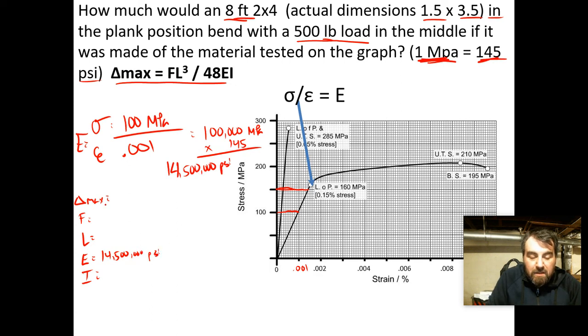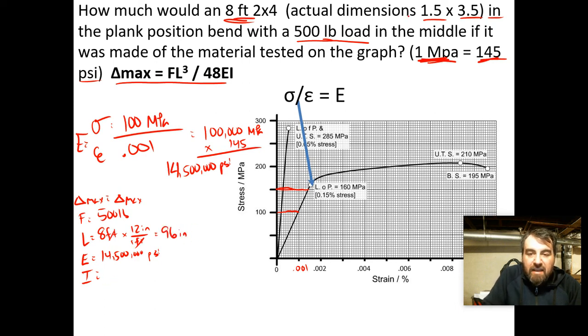Delta max is what we're trying to find, because it wants to say how much would it bend. Force is 500 pounds. Length is 8 feet, but we need that to be in inches, so we multiply by 12 inches for every 1 foot. So that's going to give us 96 inches.